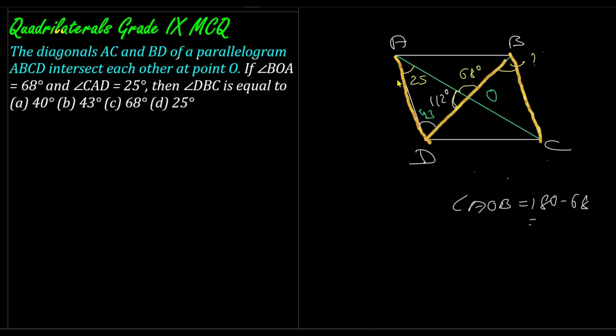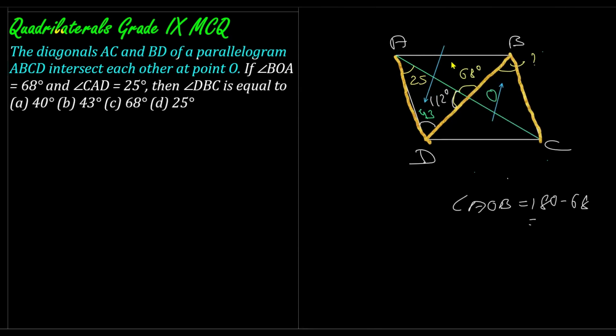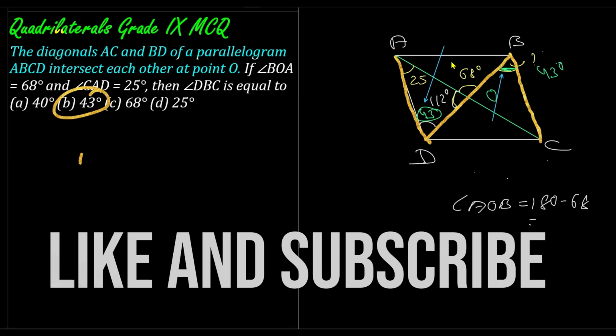Considering this as the transversal, this angle should be equal to this angle by alternate interior angles. So the value of this angle will be the same, and that is 43 degrees. Yes, we have option 43, so option B is correct in this case.